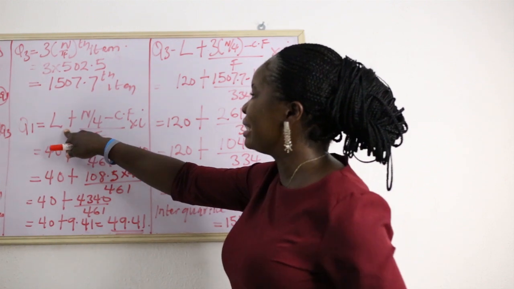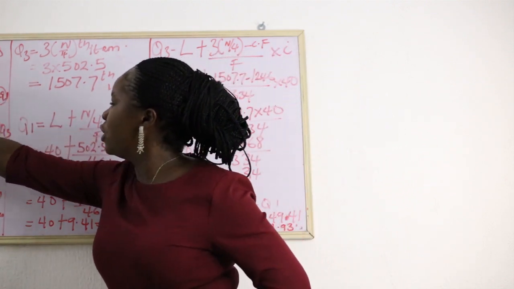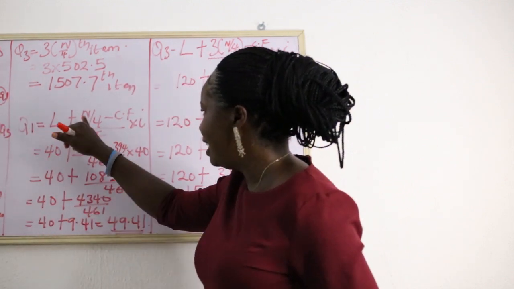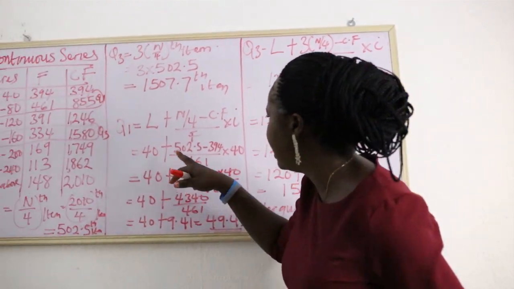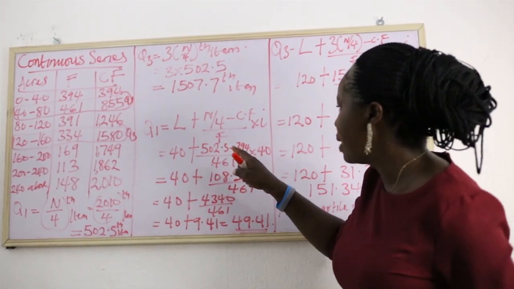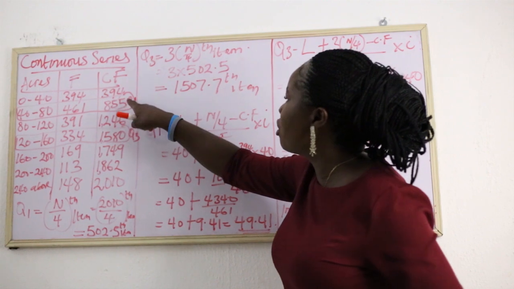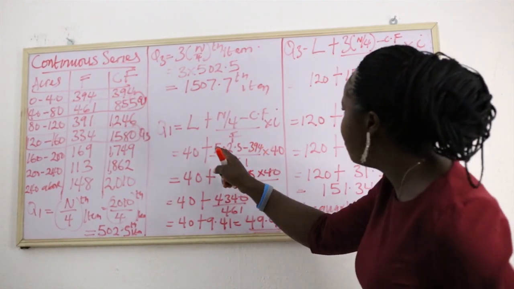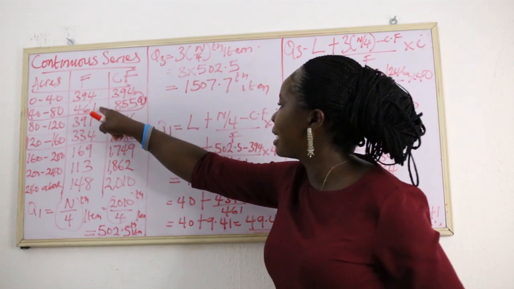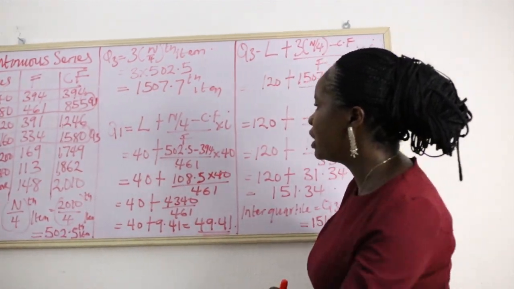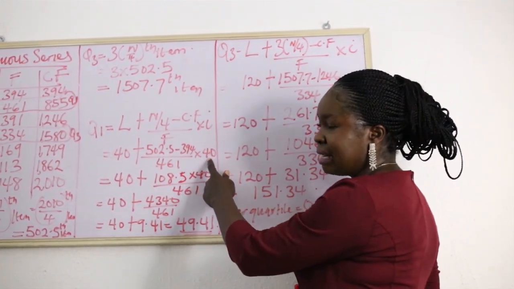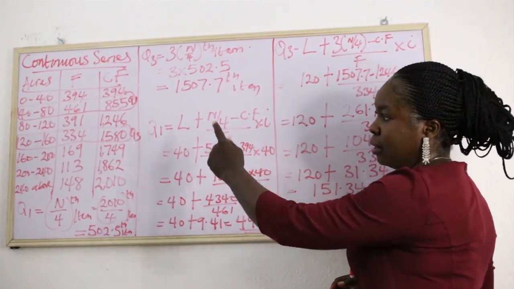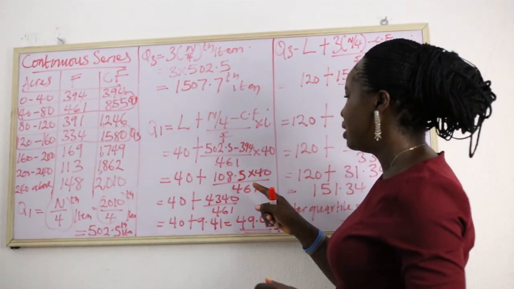So the lower class limit for Q1 is 40. Then n over 4, as we calculated, is 502.5, minus the cumulative frequency of the preceding class, 394, divided by the frequency of that class, 461, multiplied by the class interval. The class interval is the upper class limit minus the lower class limit, which is 40.